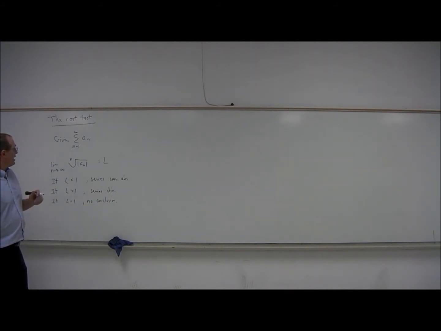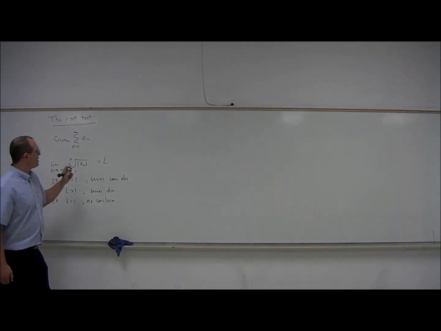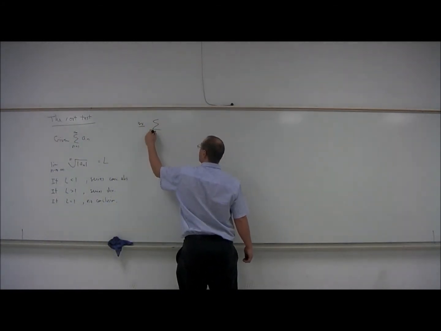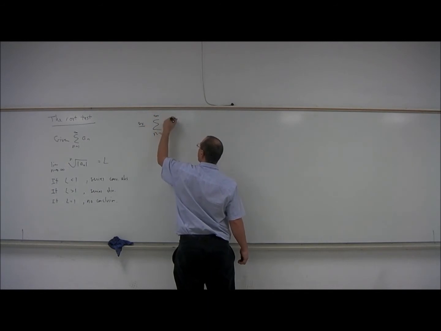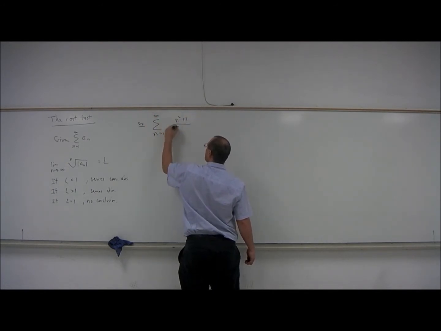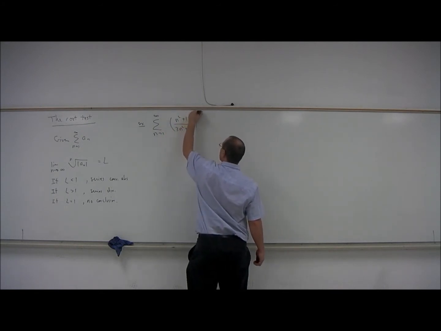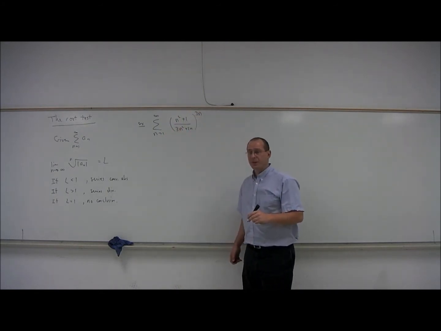So let's take a look at an example and see how this works. Let's look at the summation n equals 1 to infinity of (n squared plus 1 over 3n squared plus 2n) to the power 3n.